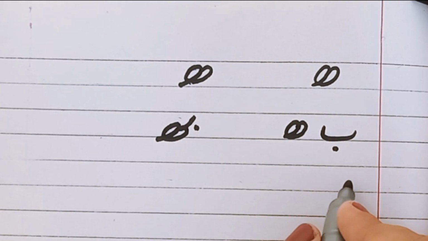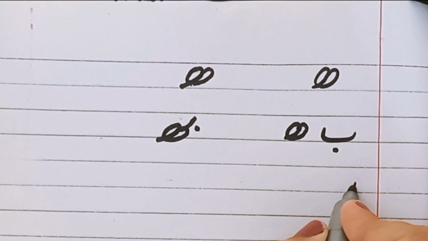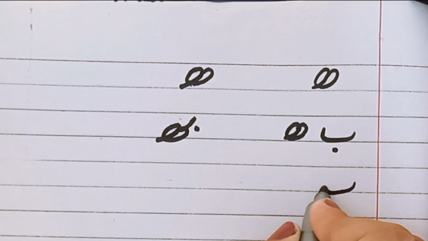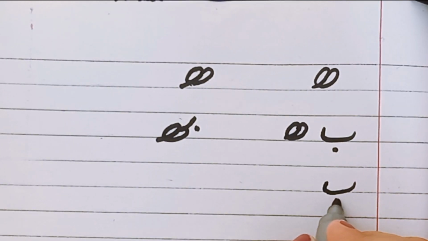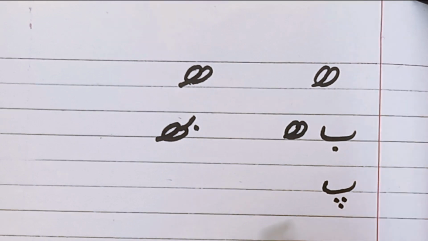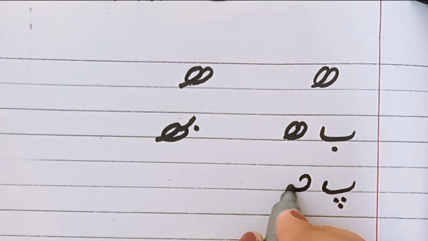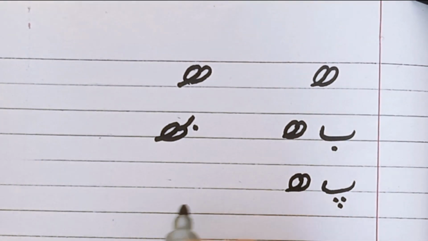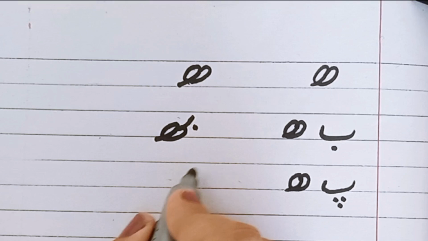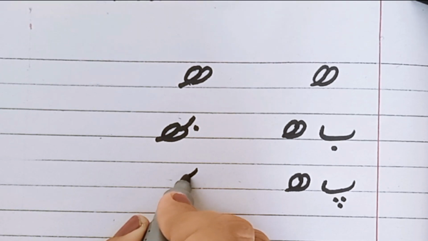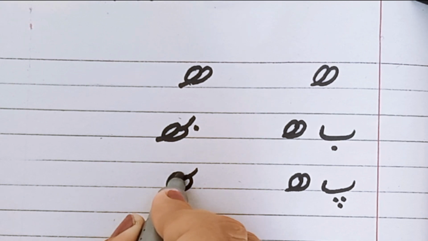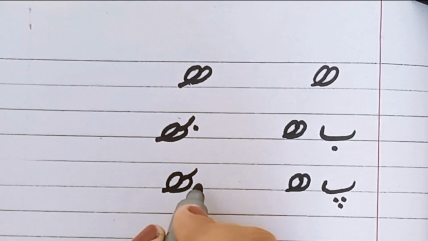Our next letter that Do Chashmi Hay is used with is Pe. You write the full shape like this, three dots underneath. This is Pe, and it gives the sound P. When Do Chashmi Hay is joined with this, again in the same way, we will drag a small line, and then we will make the shape of Do Chashmi Hay in this way.